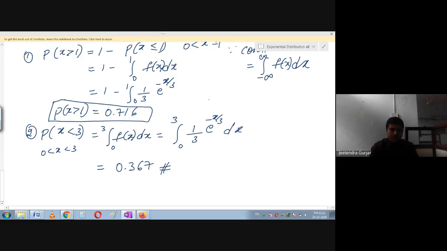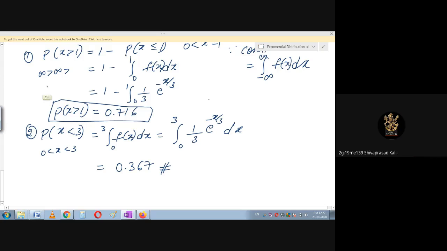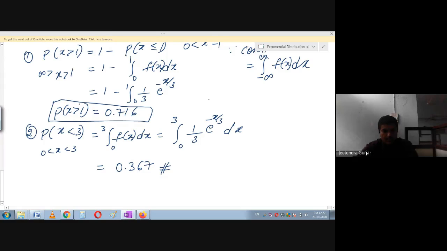There is no 1 minus, see here. Sorry, the upper limit is infinity. Sir, the answer is 0.632. Yes, the answer is correct. 0.632 is the correct answer. So I will just change the answer first. I will tell you why. 0.6321 is the correct answer.